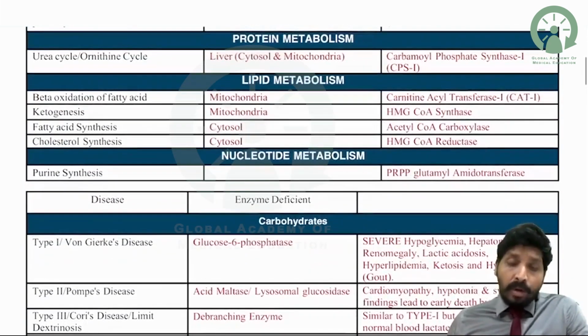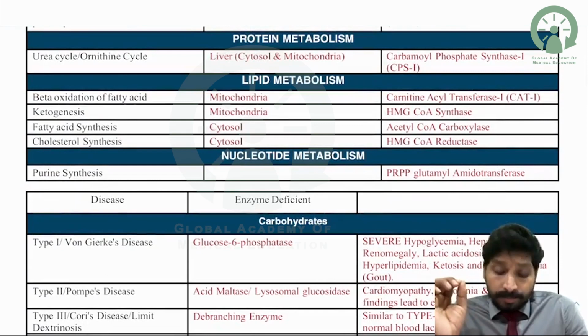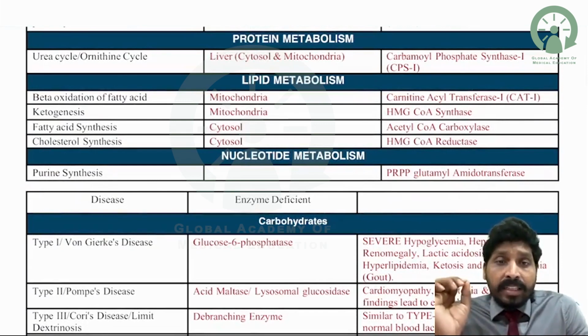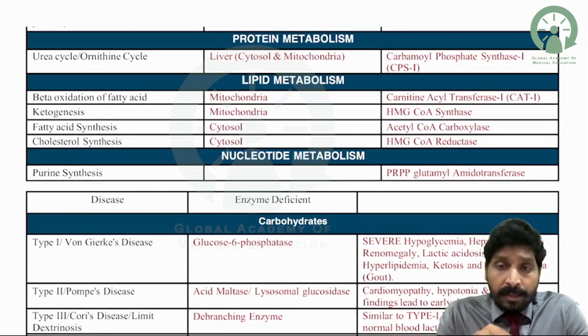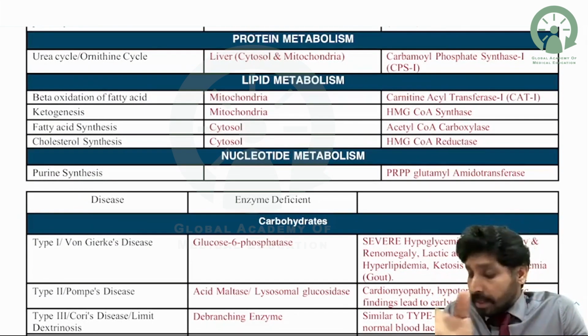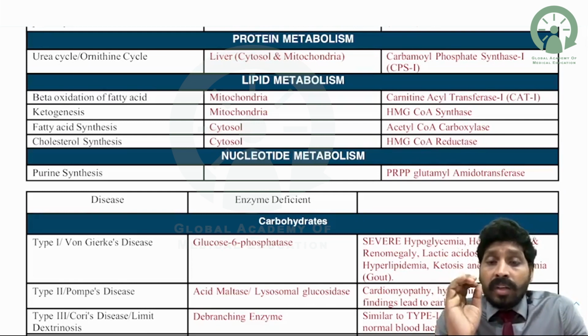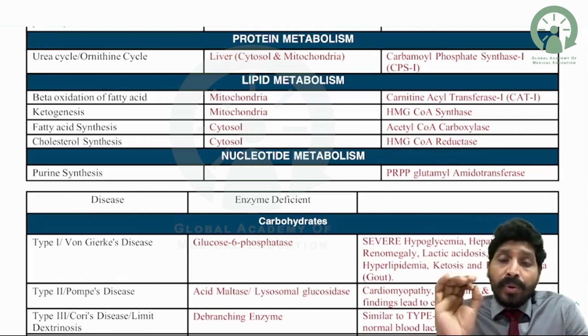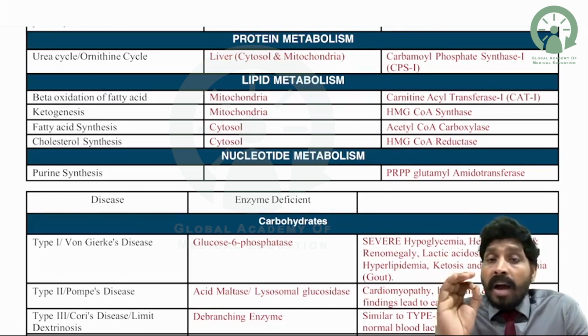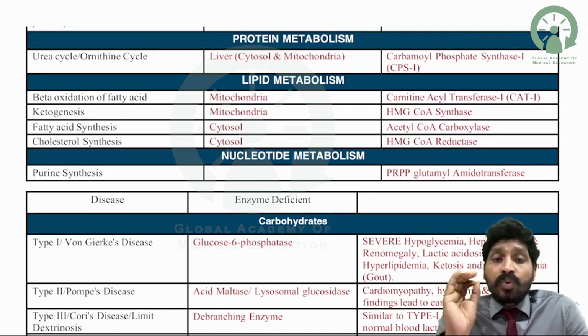And for protein metabolism, the urea cycle or ornithine cycle takes place in cytosol and mitochondria. Two reactions take place in mitochondria, and the rest of the reactions take place in cytosol. The key enzyme or rate limiting enzyme for urea cycle is carbamoyl phosphate synthase 1.